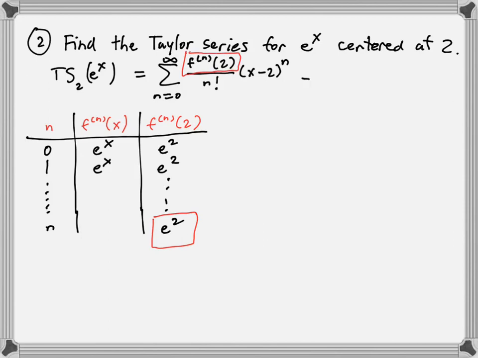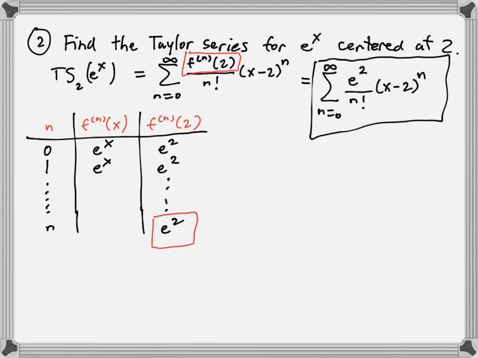And so our answer ends up being e squared over n factorial times x minus 2 to the n. So this is my Taylor series centered at 2 for e to the x.